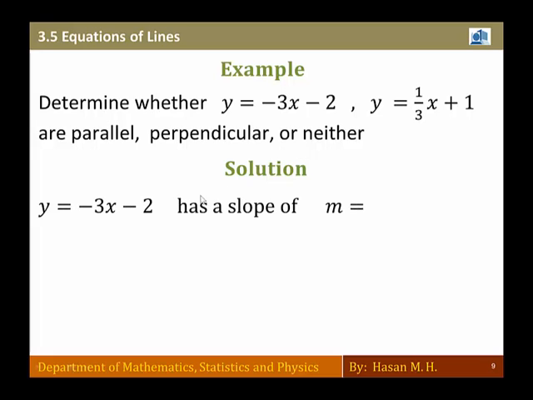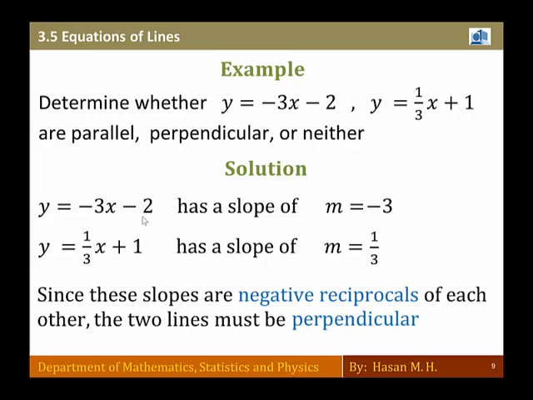When y equals negative 3x minus 2, the slope is negative 3. When y equals 1 over 3 x plus 1, the slope is 1 over 3. Since these slopes are negative reciprocals of each other, the two lines are perpendicular.